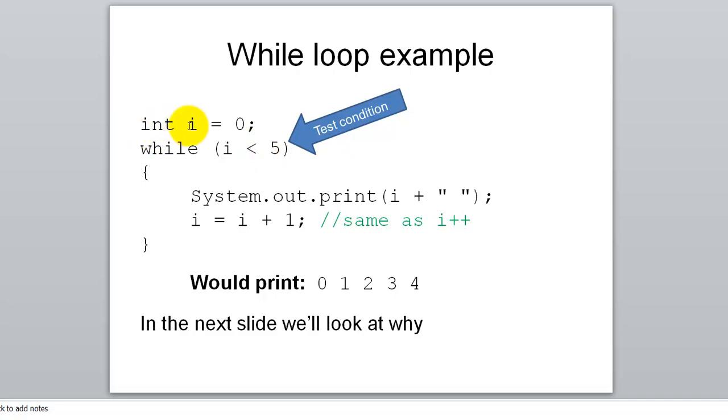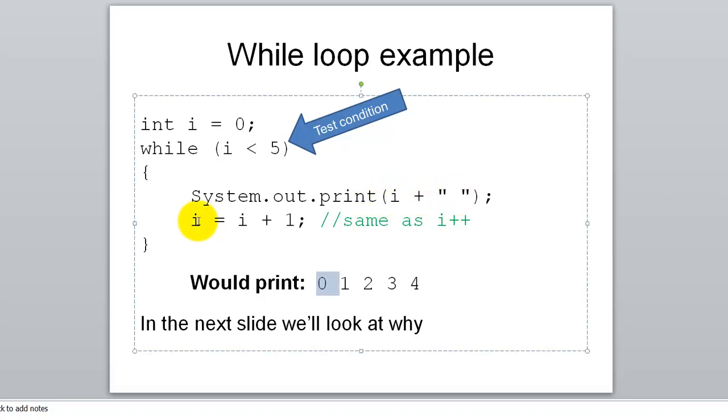So in this one we have a variable called I, and we give it an initial value of 0. Then we set up a while loop. We say while I is less than 5. So it treats it just like an if statement. Is I less than 5? Well, yeah, it is. I is 0, and that's less than 5, so this is true. So let's run the code inside of the while loop. It says to print I, print a space.